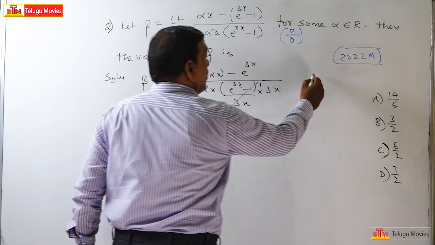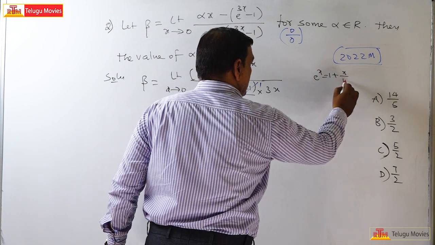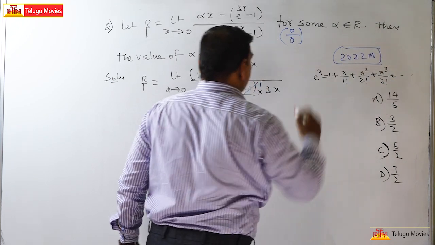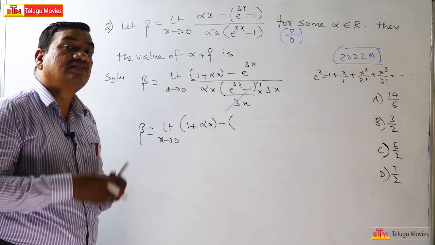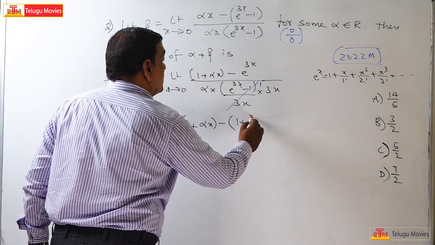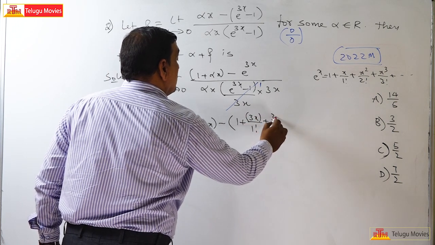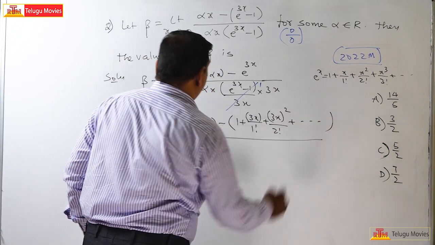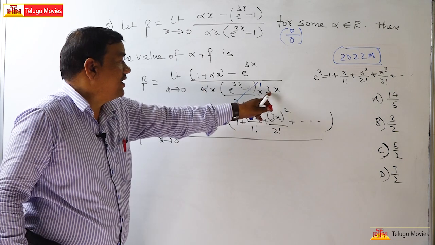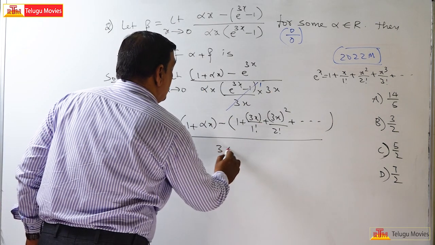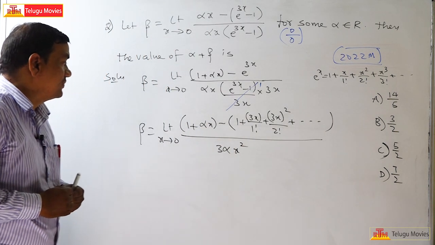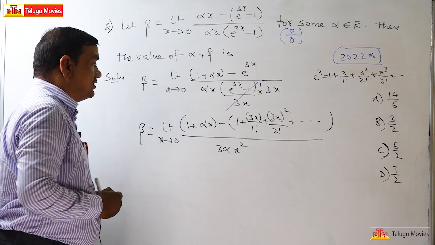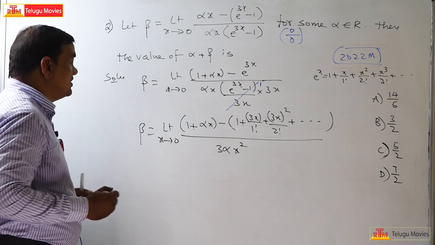The expansion is e power x equals 1 plus x by 1 factorial, plus x square by 2 factorial, plus x cube by 3 factorial, and so on. For e power 3x, in place of x substitute 3x: 1 plus 3x by 1 factorial, plus (3x) square by 2 factorial, and so on, divided by 3 alpha x square. Understand this? Any more cancellations? Yes, we can cancel plus 1 and minus 1.